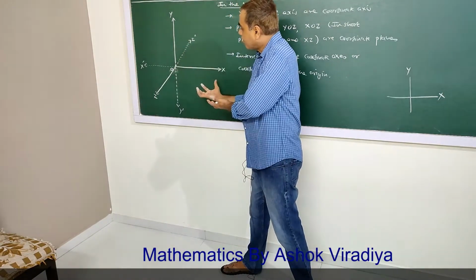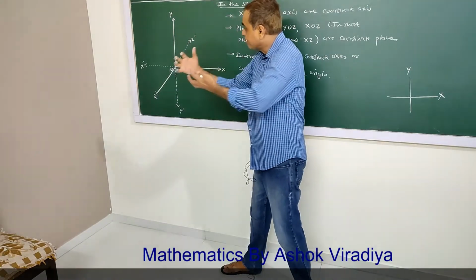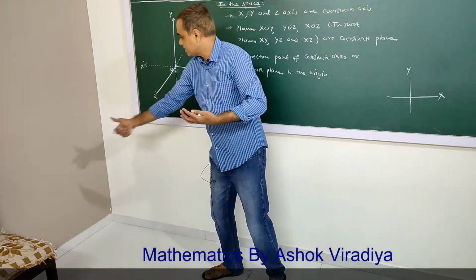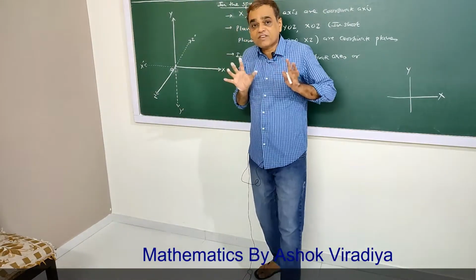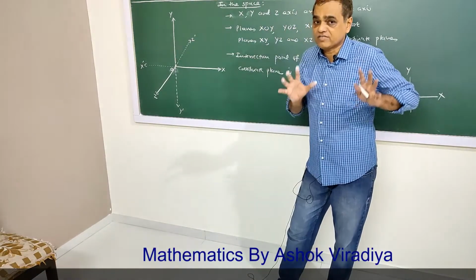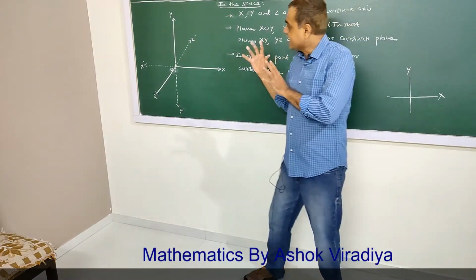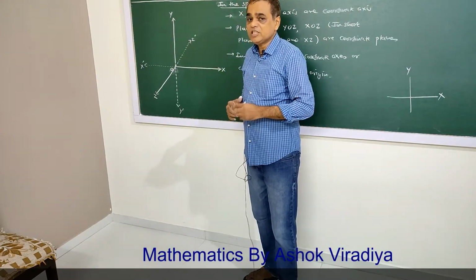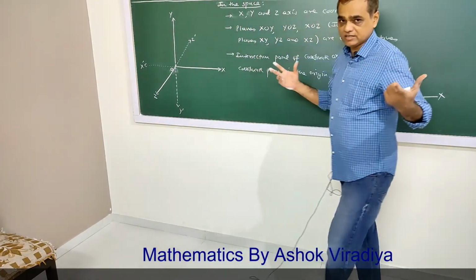So I am in the upper front part. This line is x-axis, this line is y-axis, this line is z-axis. That means upper front part. This room is belonging to the upper front part. So there are 8 parts. Each part is said to be an octant.